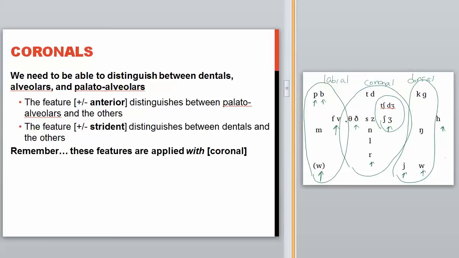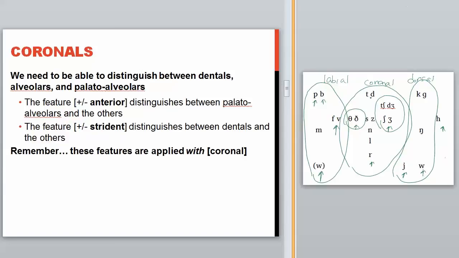Now, to distinguish between the dentals and the rest of the coronals, we can use the feature strident. So we can say that dentals lack a strident or hissing quality that is prevalent of alveolar fricatives such as s, z, sh, and zh. So we can say that th and the voiced th are minus strident.